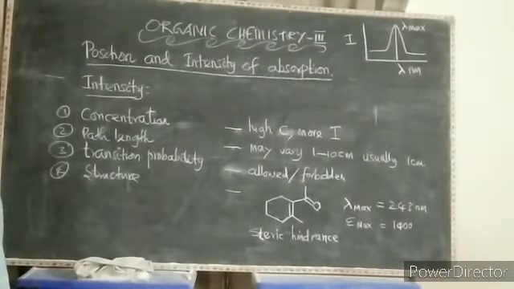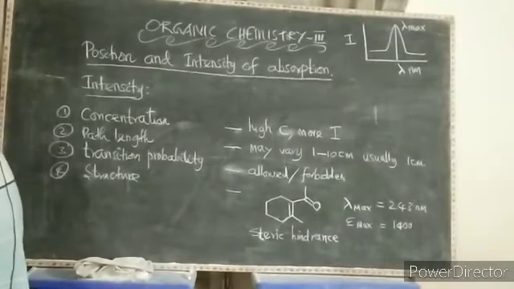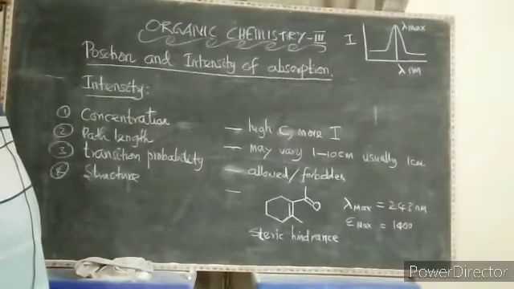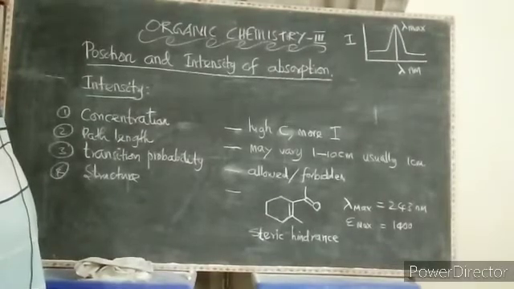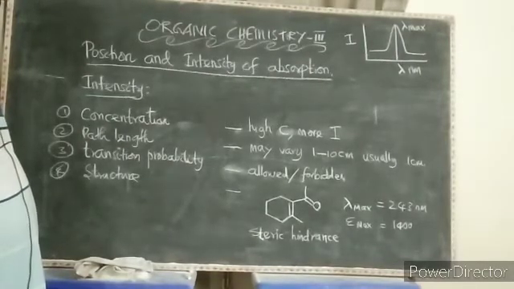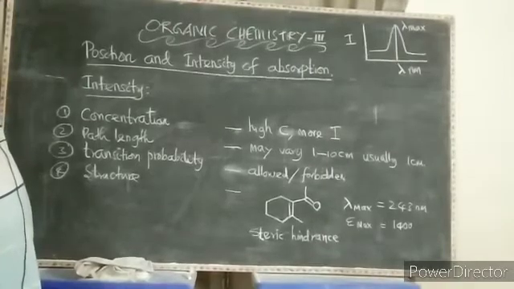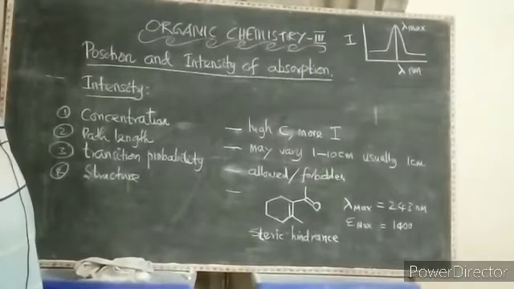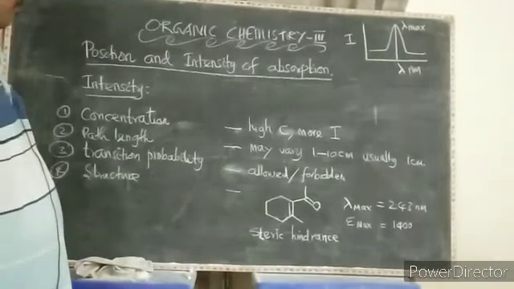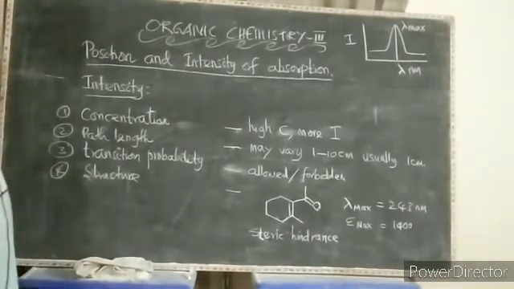The allowedness and forbiddenness of a transition is indicated by the molar absorptivity value or molar extinction coefficient value, which for an allowed transition will be around 10,000, and for a forbidden transition it will be less than 1000 or around 1000.